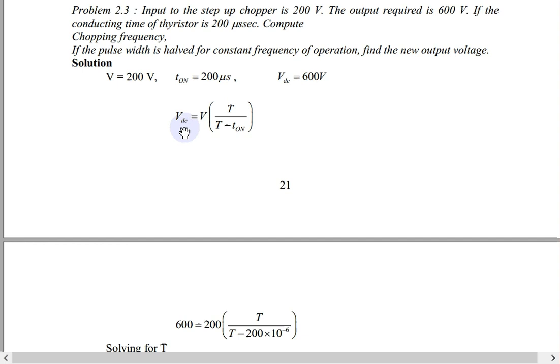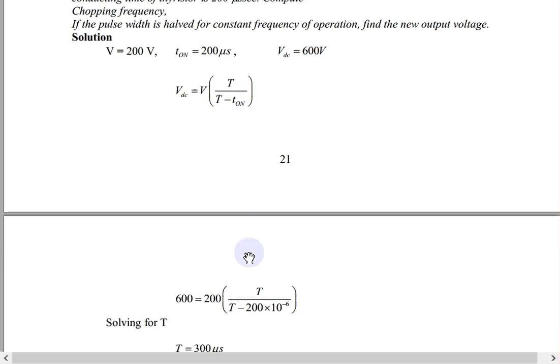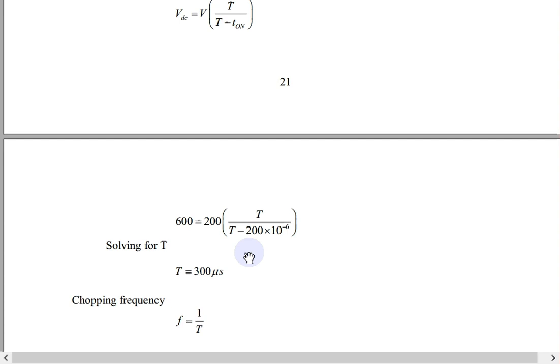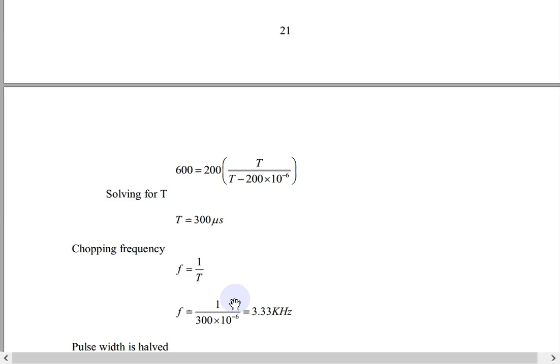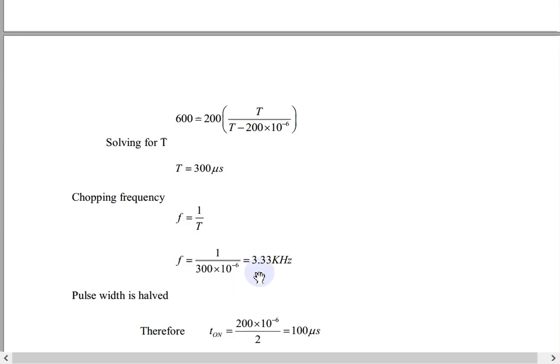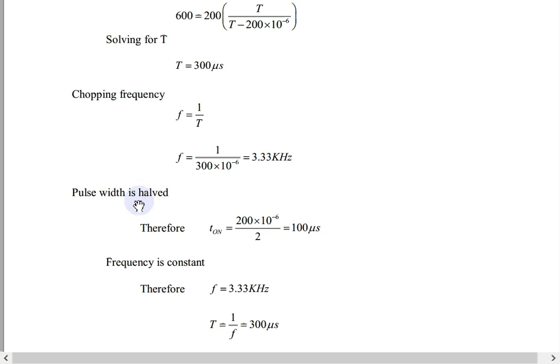We have the formula we discussed in the last numerical: VDC is equal to Vs T by (T minus T on). After solving this, we get T equal to 300 microseconds, and the chopping frequency f is equal to 1 by T, which is 3.33 kilohertz. Now case 2, the pulse width is halved.